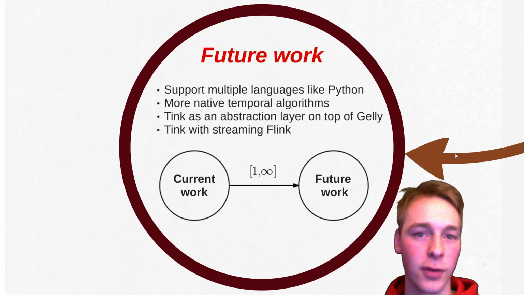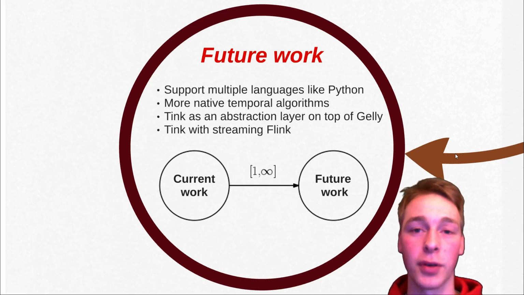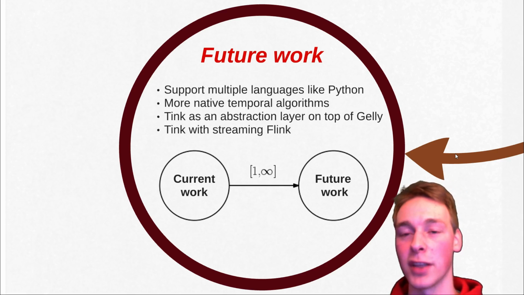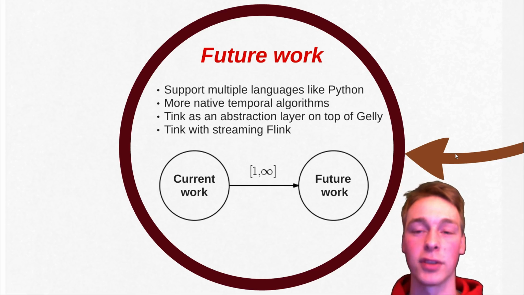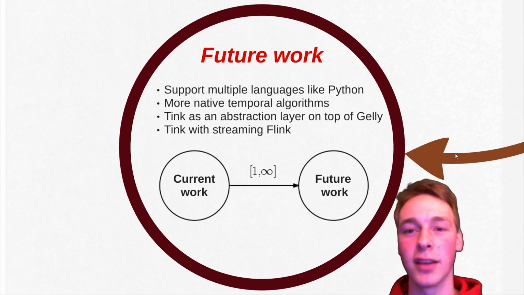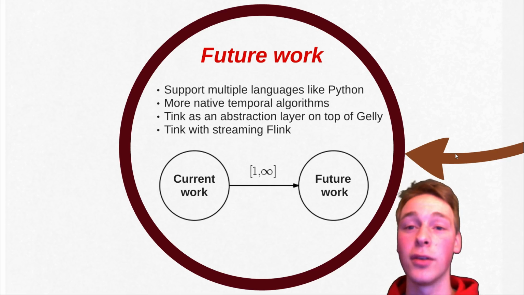Another future work is the number of native temporal algorithms. Currently, Tink supports several centrality metrics and several shortest path algorithms, but this can of course be expanded. There are many more temporal algorithms that can be created, or different algorithms that you can model in such a way as to include this temporal aspect.